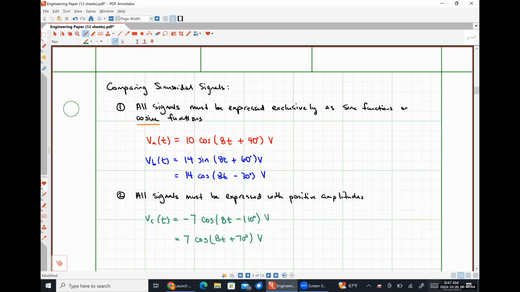I chose to add 180 degrees because generally speaking, I prefer that my phase angle is somewhere between -180 and +180. There would be nothing remotely wrong with this whatsoever if I chose to express this as 7 cosine 8t minus 290 degrees.